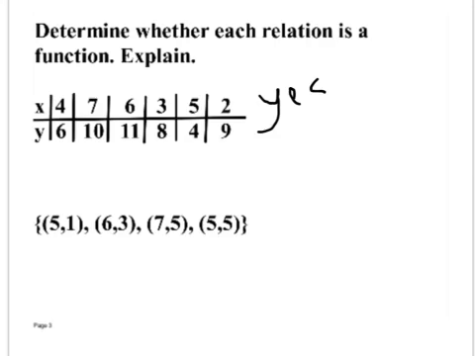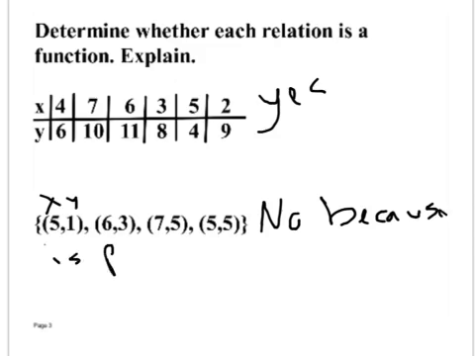What about this down here? Our x, this is our y. Okay. Why is it no? Okay, because 5 is paired with 1 and 5.